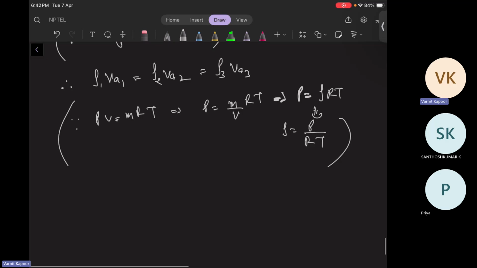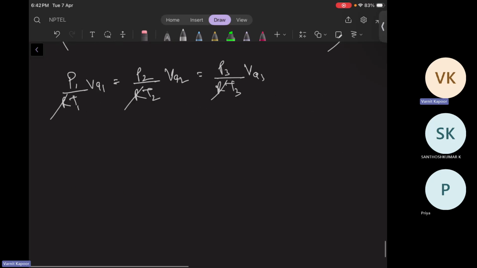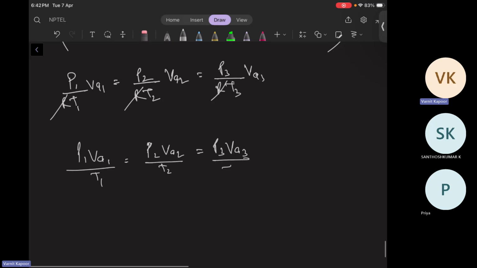Okay, so put these densities. It can be written as P1 by RT1 times VA1 is equal to P2 by RT2 times VA2 is equal to P3 by RT3 times VA3. R cancels out, so we are left with P1 VA1 by T1 is equal to P2 VA2 by T2 is equal to P3 VA3 by T3.